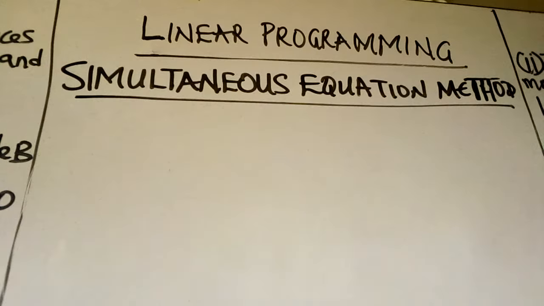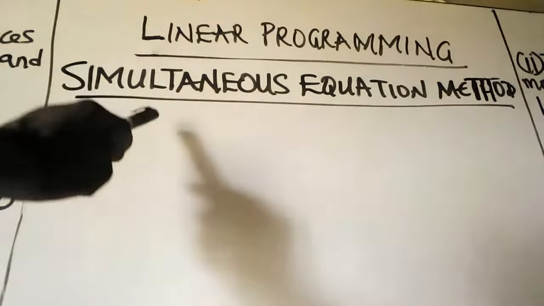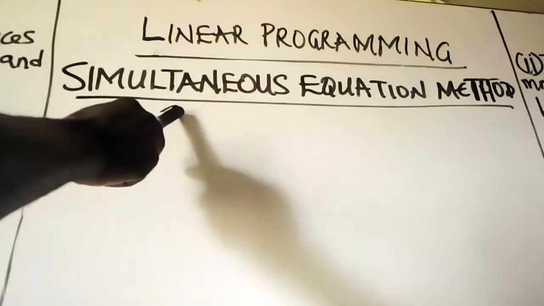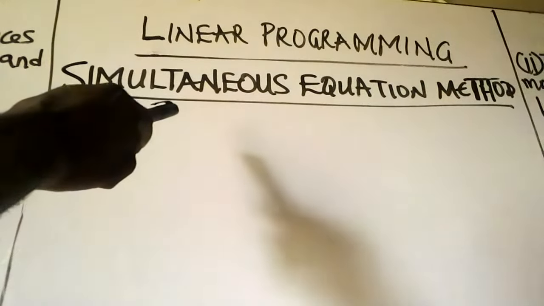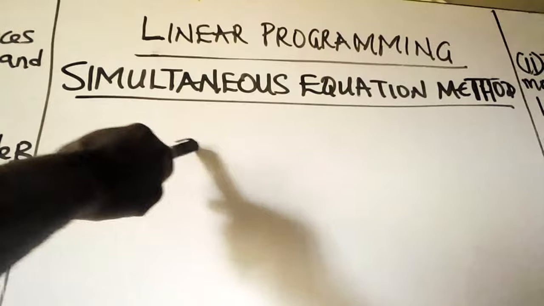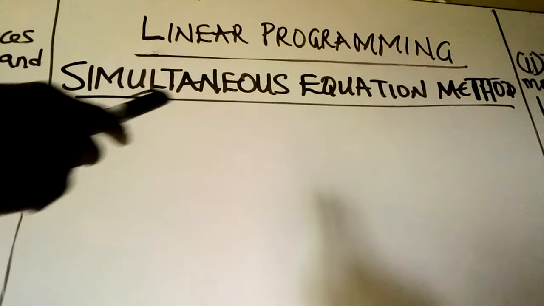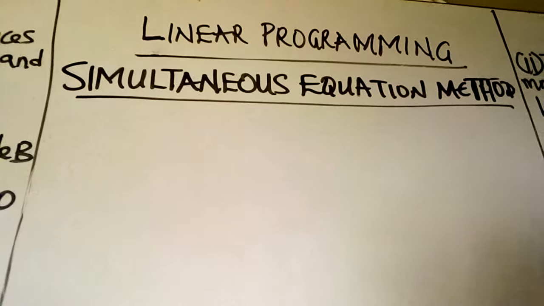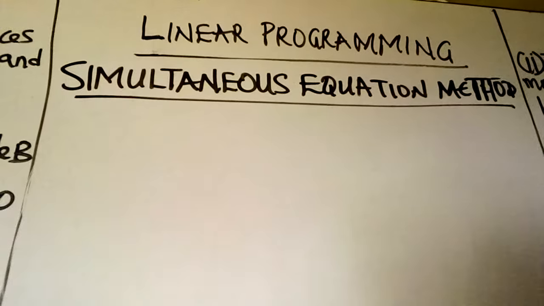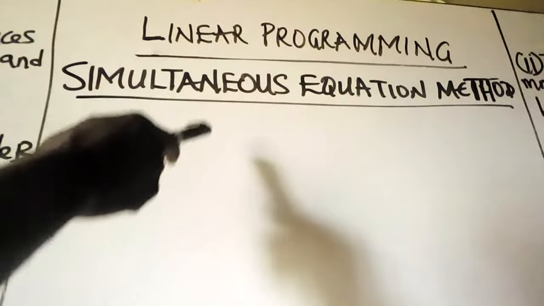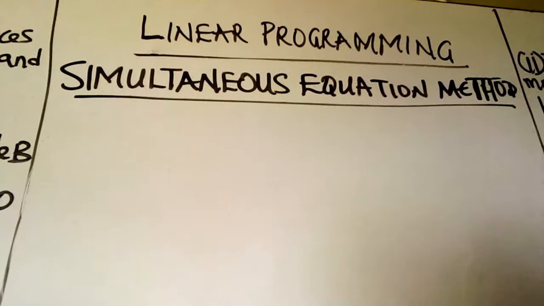Simultaneous equation method of solving linear programming. In my previous lecture, I covered the meaning of linear programming, conditions for linear programming, assumptions of linear programming, methods of solving linear programming, and formulation of linear programming.